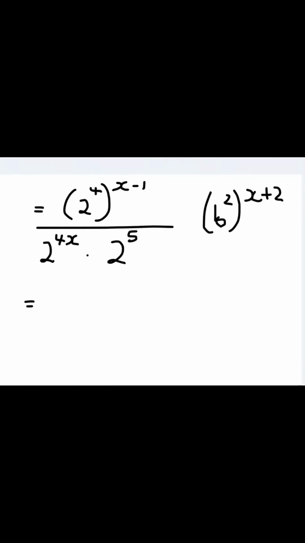Now that you've done that, all that you need to do is to apply the law. So remember, if you have a base to the exponent of 2, as an example, and then you may be having x plus, let's say, 2. The law says this exponent will multiply each of those. It will multiply that, and again it will multiply that.